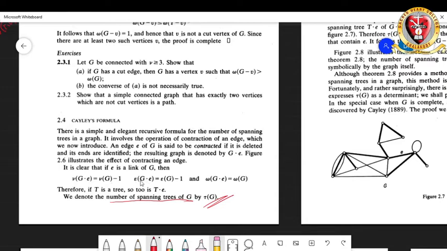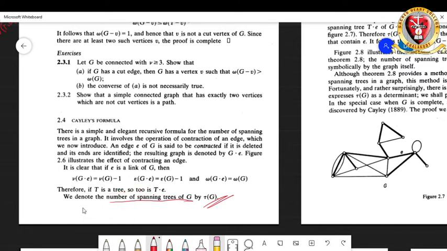Also, the connectivity is not lost during this contraction process, so the number of components of G dot E is nothing but the number of components of G. Also, note that if T is a tree, T dot E is also a tree.